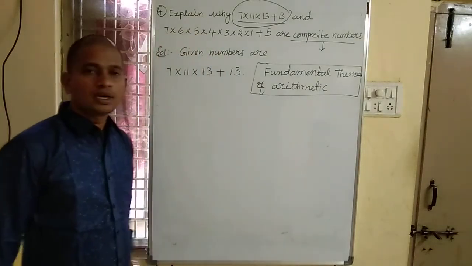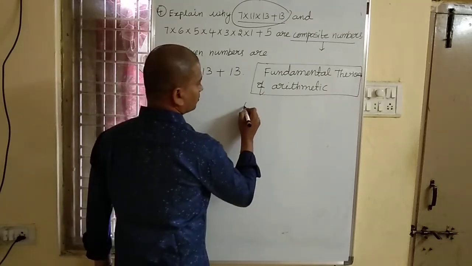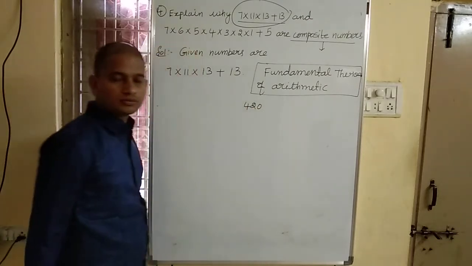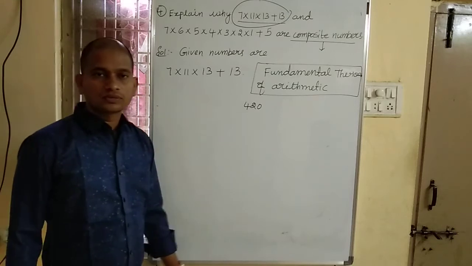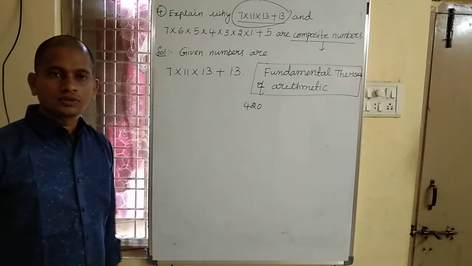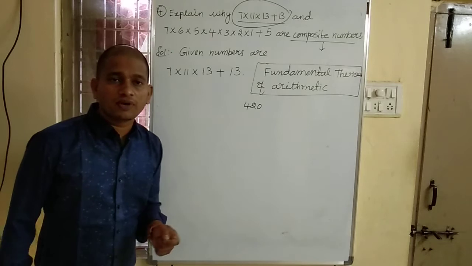So for example, let me take one number, 420, which is a composite number. What is the definition of the fundamental theorem of arithmetic?